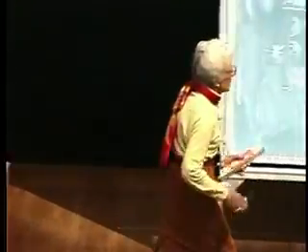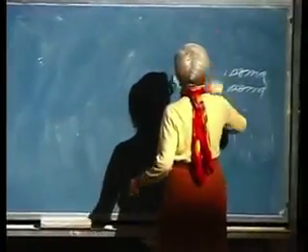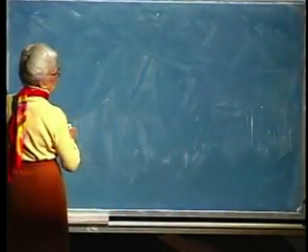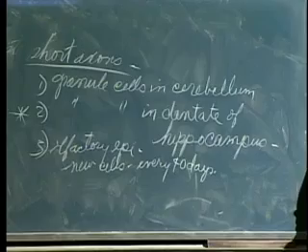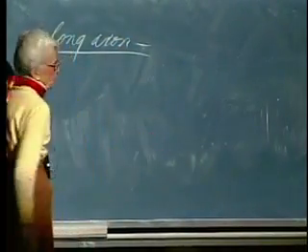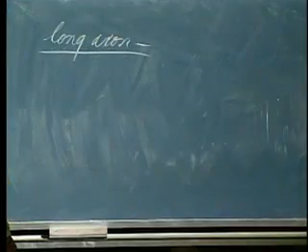Long axons, where do we find those? I gave you an example, I think the very first day when I talked about a pseudo-unipolar cell, but let's just look at a long axon. We can find these, for example, move your big toe. Don't look at it. That's a different pathway.